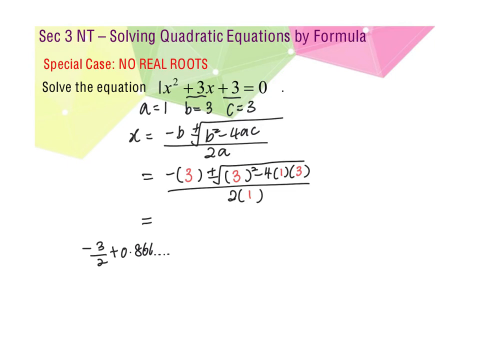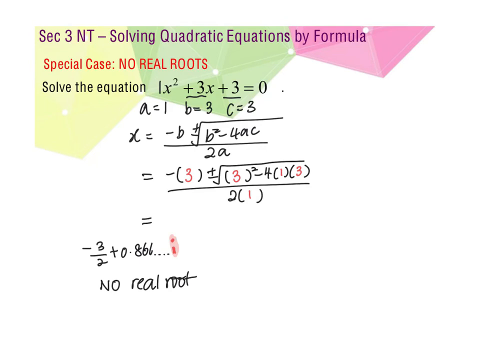At the back, at the very end of the last letter, there is an i down here. What does this mean? This means that this is not a real root, no real roots. Why? Because this i represents an imaginary number.